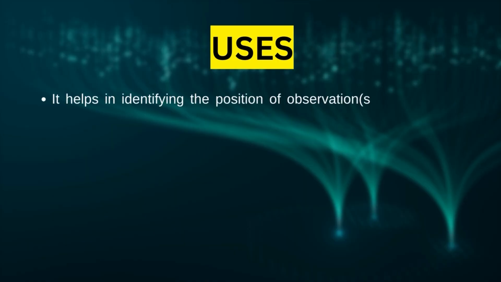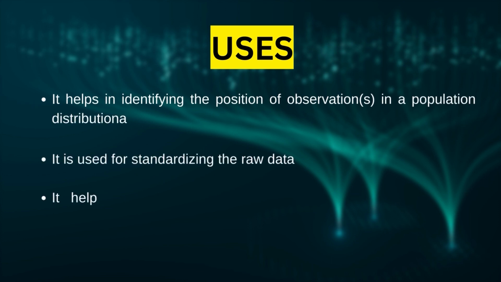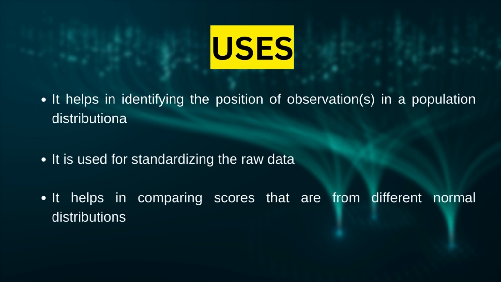Z-score helps in identifying the position of an observation in a population distribution. It is used for standardizing the raw data. It is used for interpreting the raw scores, and it also is used to see the deviation of the scores.